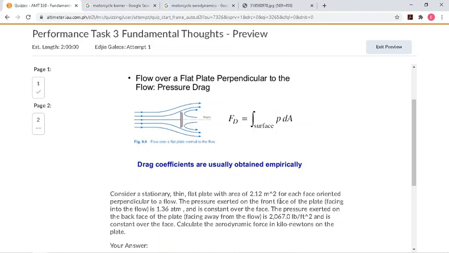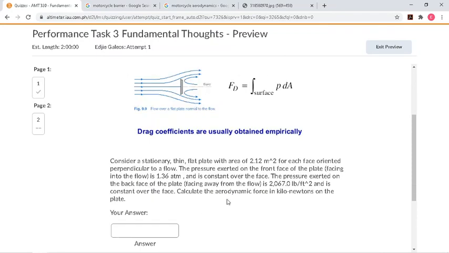The pressure exerted on the front face of the plate facing the flow is 1.36 atm, and it's constant over space. The pressure exerted on the back of the plate facing away from the flow is 2067, and it's constant over the face. Calculate the aerodynamic force in kilonewtons.